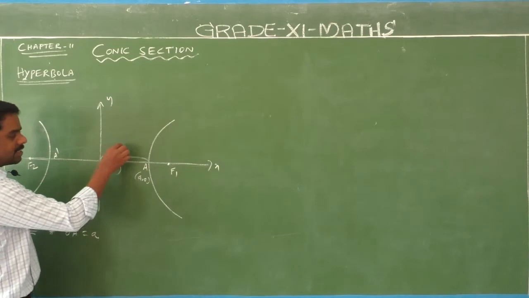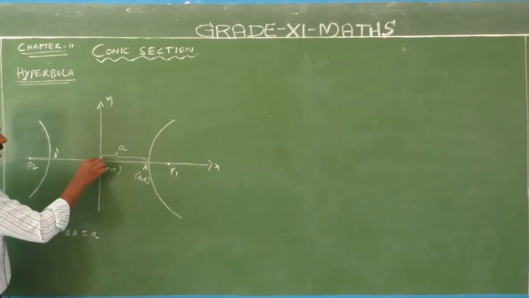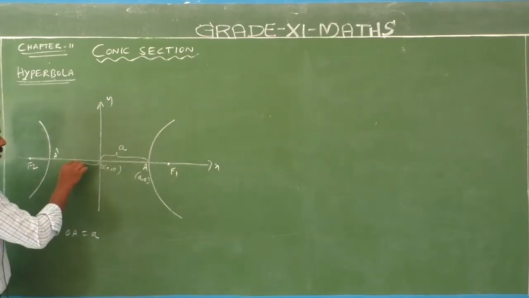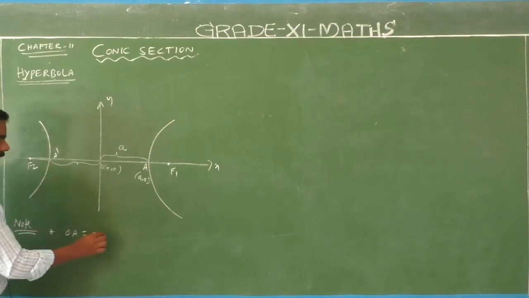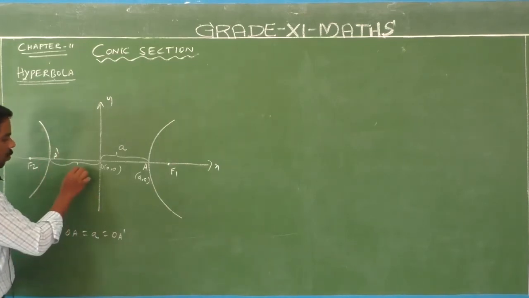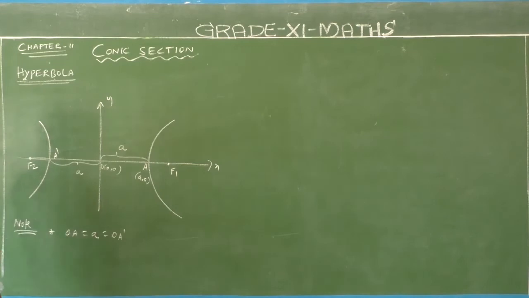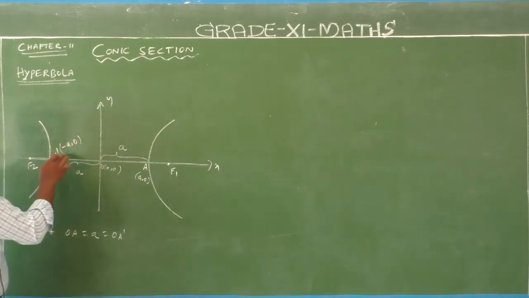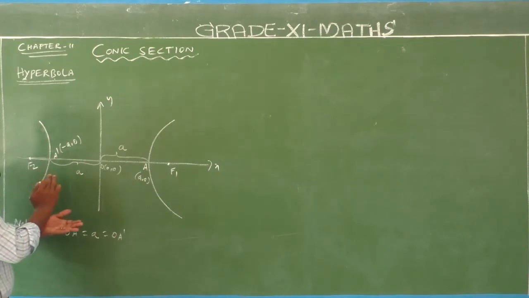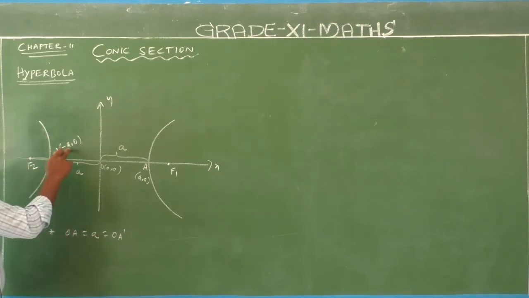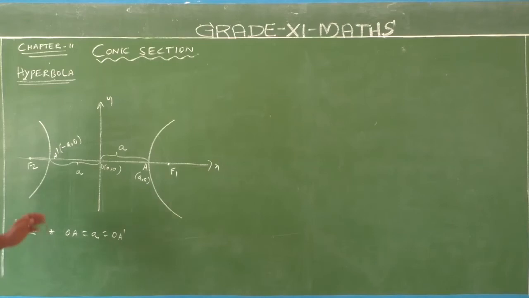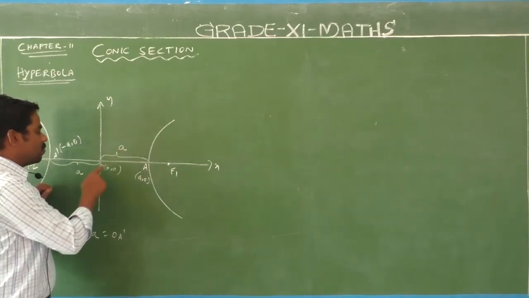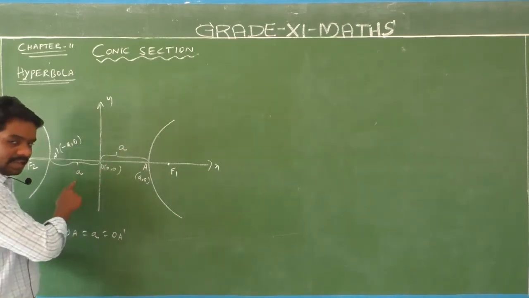The same value holds for OA dash; OA dash is also distance a. Here A dash is (minus a, 0), to the left of the y-axis, so the x value is negative. So O to A is a and O to A dash is a.